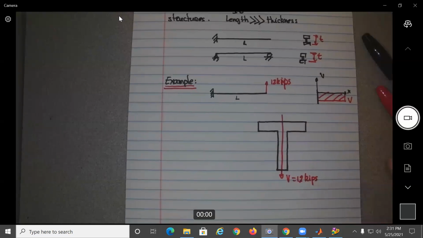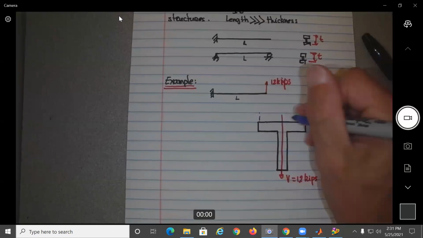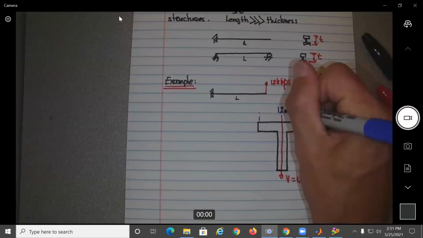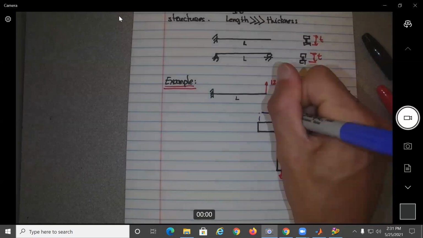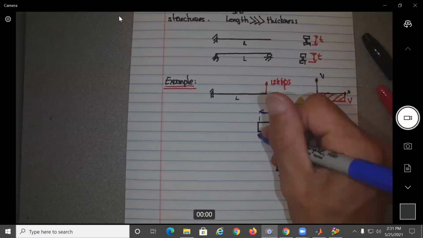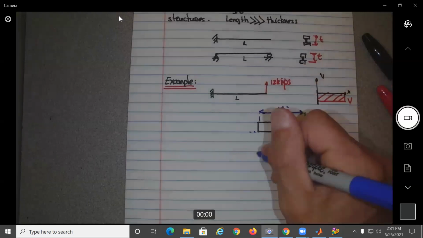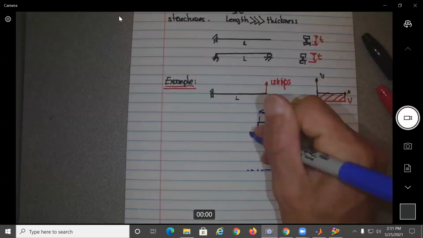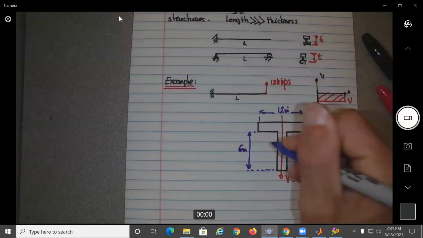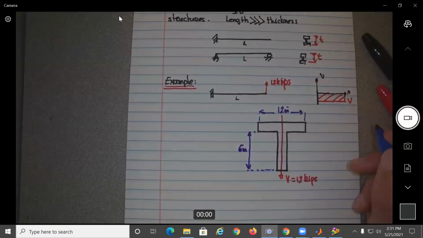Okay, and let's say that the width over here will be 12 inches. That distance here is 6 inches. Obviously this is not to scale.